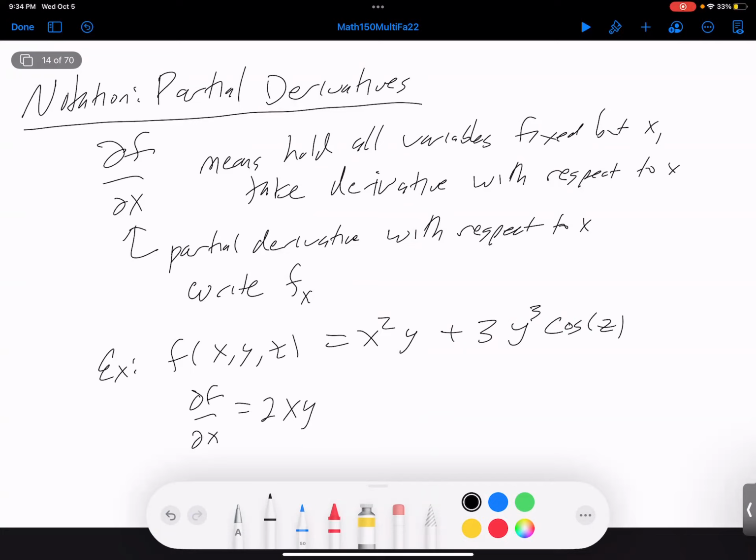What's the derivative of the second piece? 0. What about df dy? Then it would be x squared plus 9y squared cosine z.